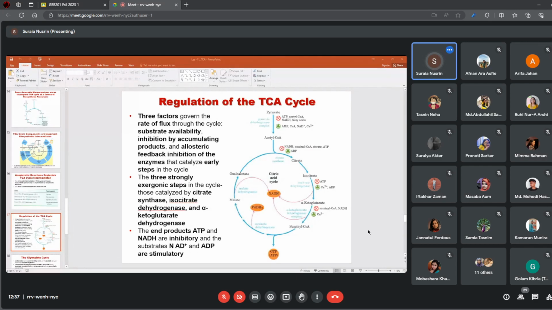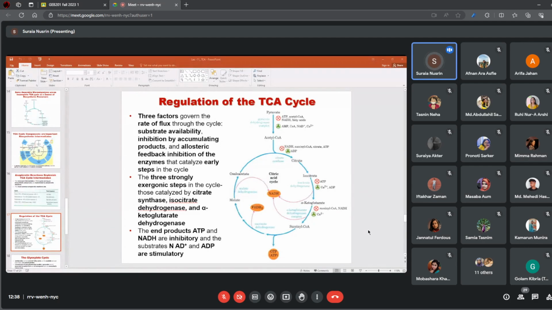Right? Here what we see is production of NADH and then production of GTP or ATP. So those are the final products. Okay, so those are the substrates, and then the products are ATP and NADH. If there is enough ATP and NADH in the cell, the cell will control the TCA cycle.